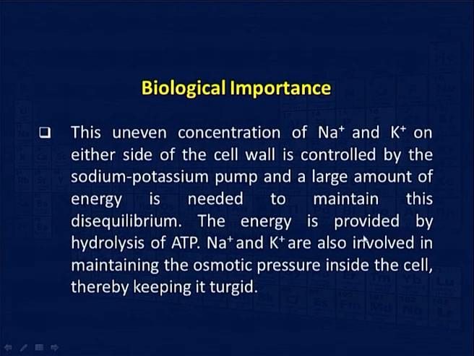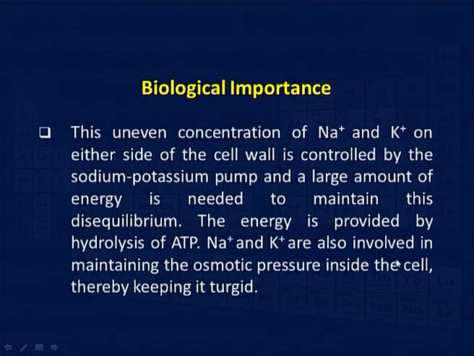The energy is provided by hydrolysis of ATP to ADP. There is a conversion of adenosine triphosphate to adenosine diphosphate, which results in a lot of energy. When I say hydrolysis, I mean the conversion of ATP to ADP with the release of energy.